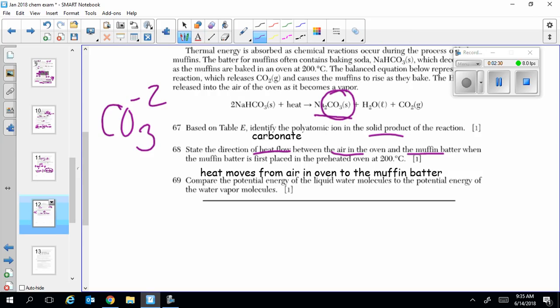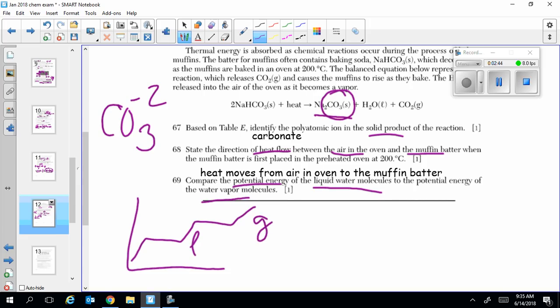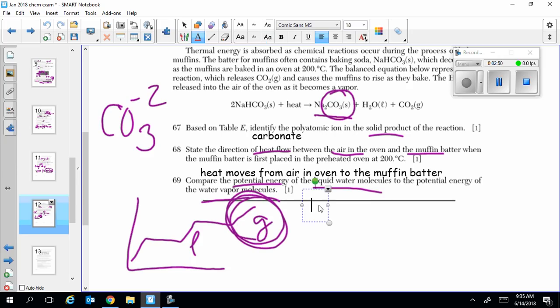All right, compare the potential energy of the liquid water molecules to the potential energy of the vapor. Well, if you picture a curve, here is my liquid and here is my gas. There is going to be greater potential energy in the gas molecules. So I just would write that.